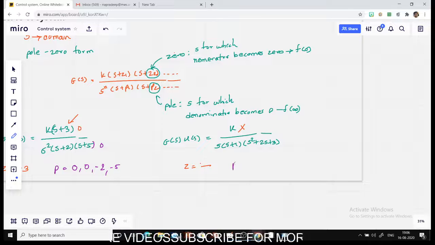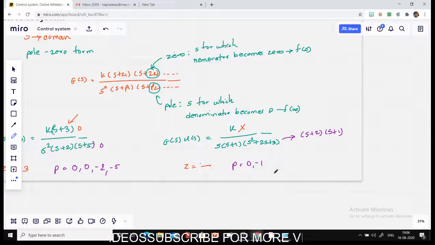What about the pole values? They will be represented as p, and they are the s values for which the denominator becomes 0. So s will be 0 at the start. If we substitute s is equal to 0, everything will be 0. If we substitute s is equal to minus 1, everything will be 0. And for the last polynomial you need to solve this quadratic, which factors as s plus 2 and s plus 1.